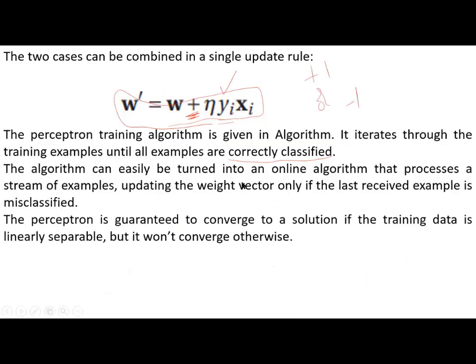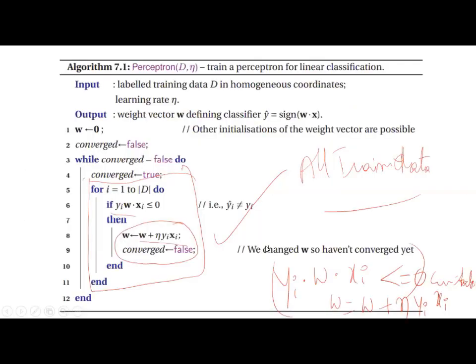The algorithm can easily be turned into an online algorithm that processes a stream of examples, updating the weight vector only if the last received example is misclassified. The perceptron is guaranteed to converge to a solution if the training data is linearly separable, but it won't converge otherwise. So this is the linear perceptron.